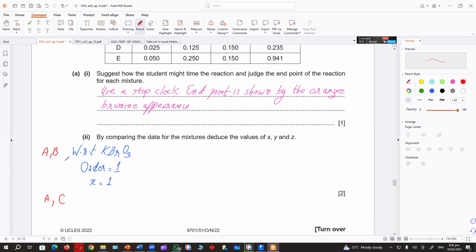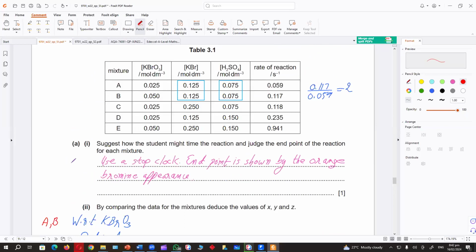If we take A and C, when you consider A and C, KBr is 0.125, so 0.250.